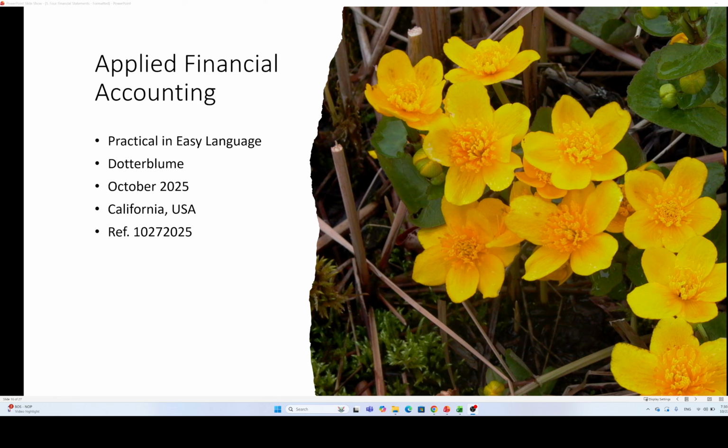Those who are interested in becoming an accountant and are in their initial stages, or small business owners or managers who are interested in understanding in easy language how to read financial statements, so that they can make better sense of it and use their knowledge to do a better job. So this is who I'm targeting.